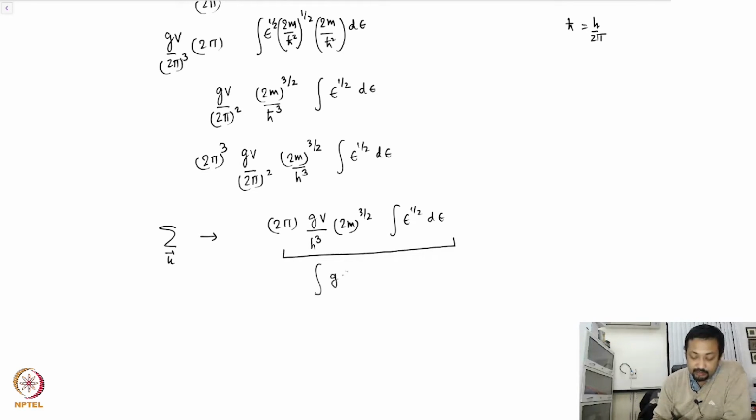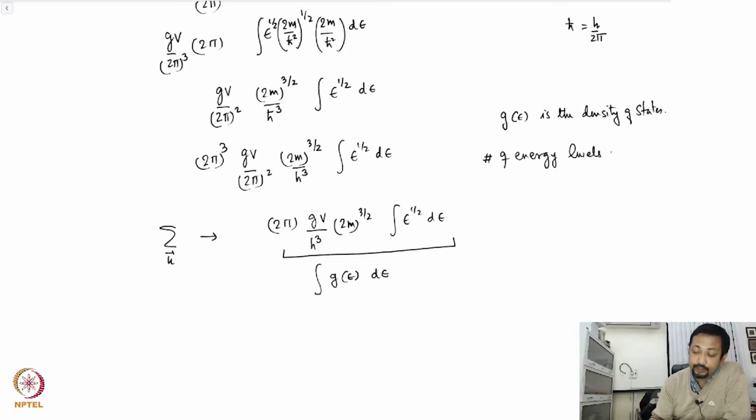Now this I can write down as g epsilon d epsilon, where g epsilon is the density of states, which means the number of energy levels lying between epsilon and epsilon plus d epsilon is g epsilon d epsilon, and for this particular case this is going to be proportional to epsilon to the power half.